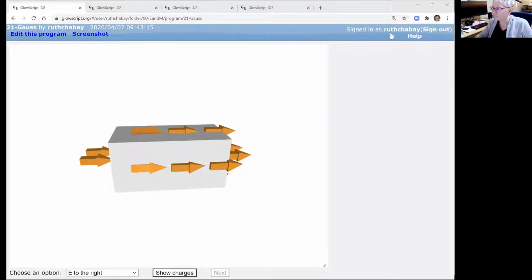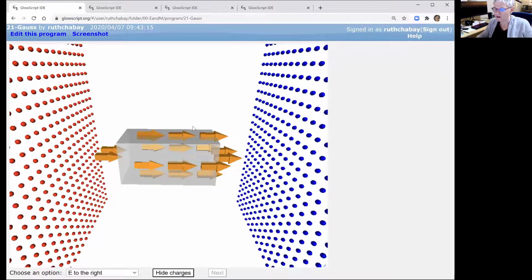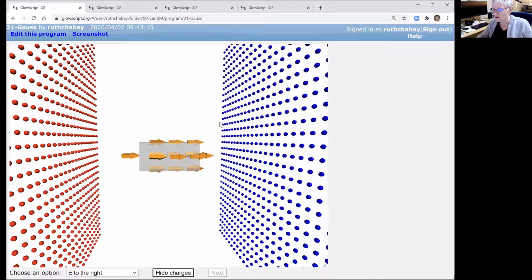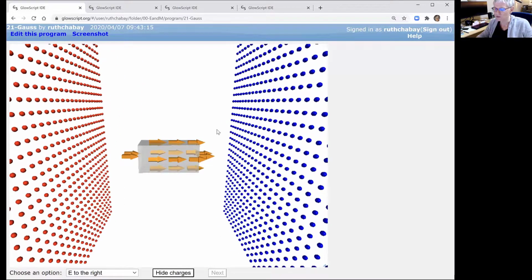Now, this doesn't tell us exactly what the charge distribution is that made this field, and in fact, there's several possibilities. So here is the one that actually was used to generate this, which is a positively charged plate on the left and a negatively charged plate on the right.